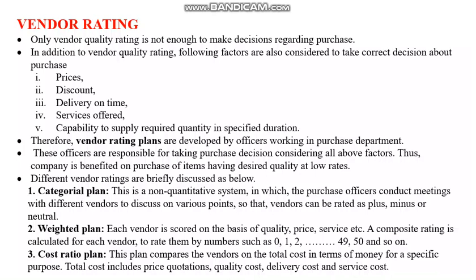Okay, so with this we come to the end of this chapter. Actually, in our syllabus there are only 5 units. 3 units are for industrial engineering and 2 units are for quality control. But in your textbook, the industrial engineering is given in only 3 chapters, but the quality control, those 2 units, they have distributed over 4 chapters.